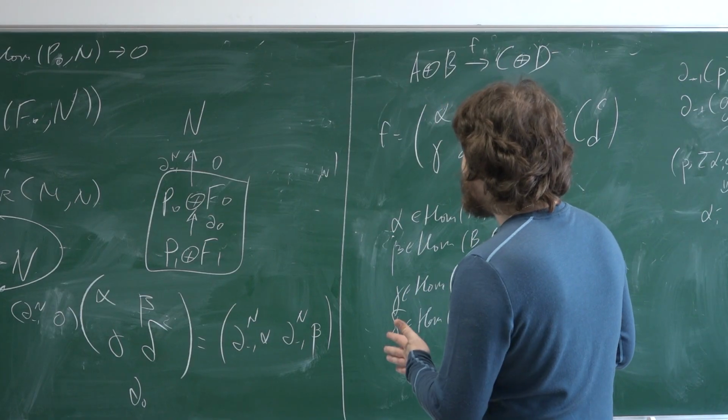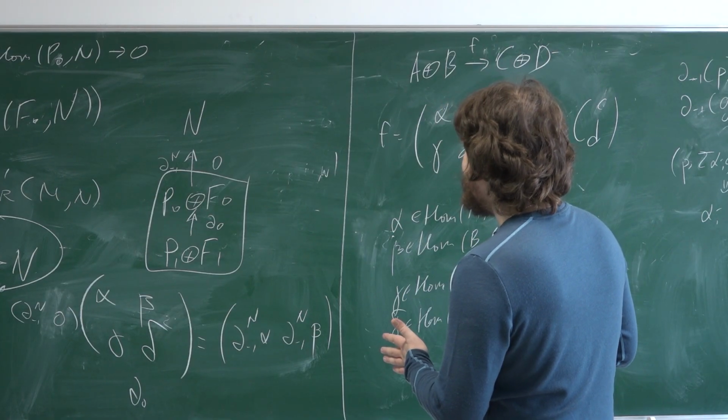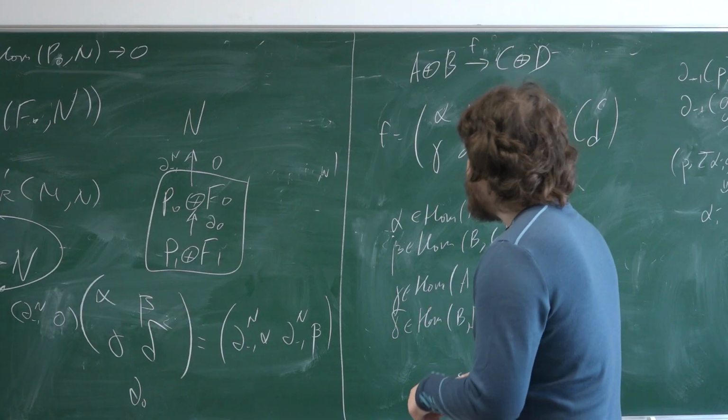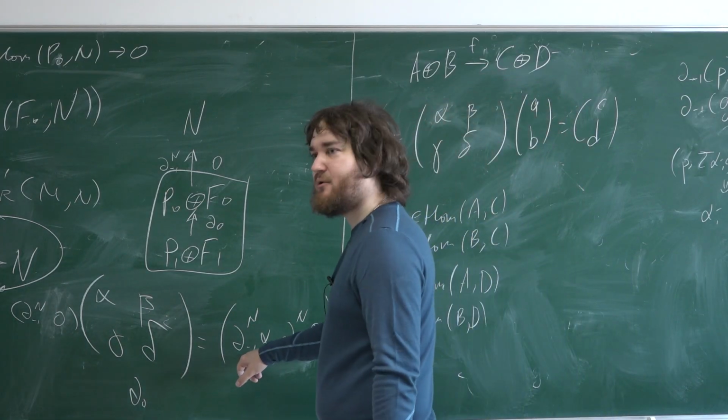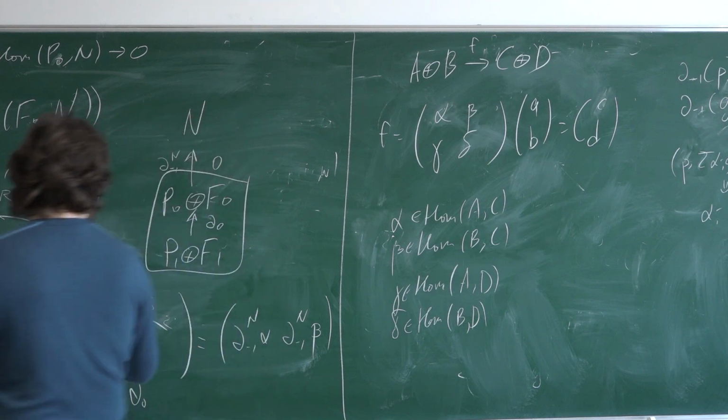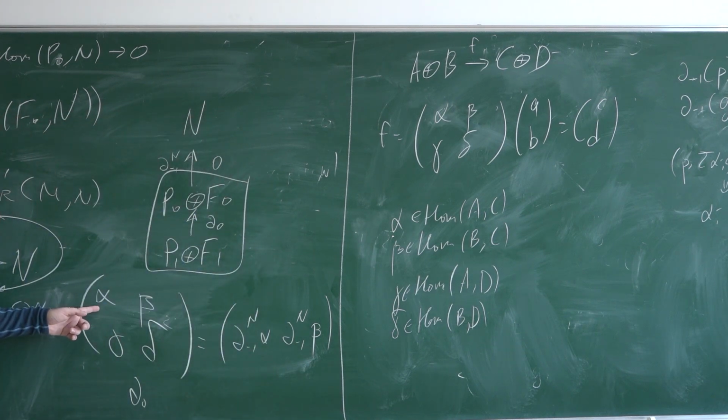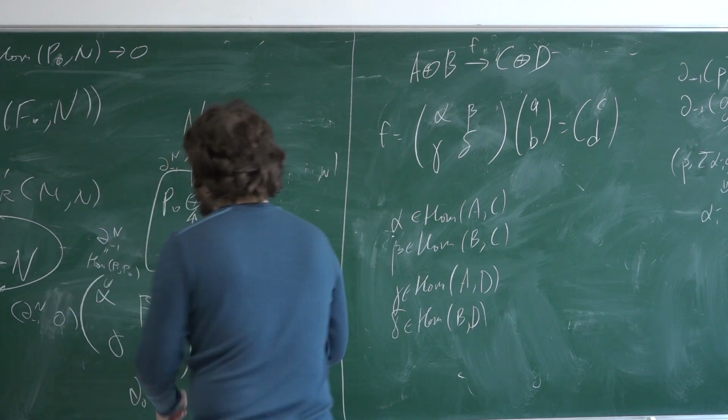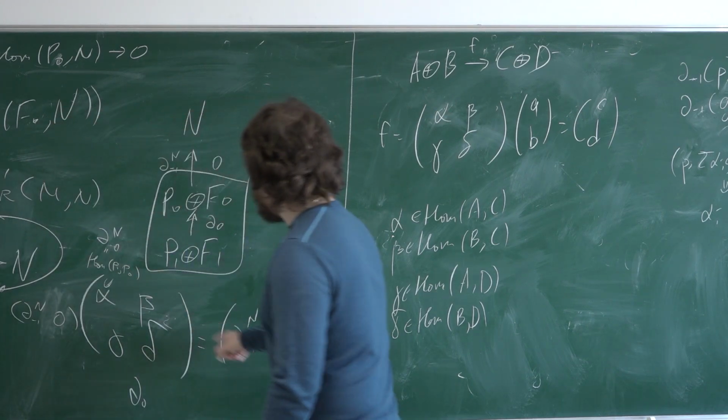Okay. And in fact, this is 0 because this first coordinate is Hom from P0 to P1. It's just the differential d minus 1 for n. And this is the composition of these two differentials, d1, d0.